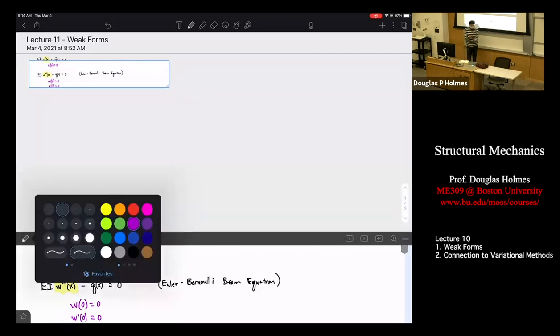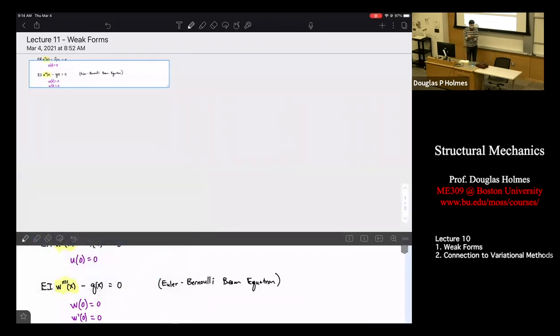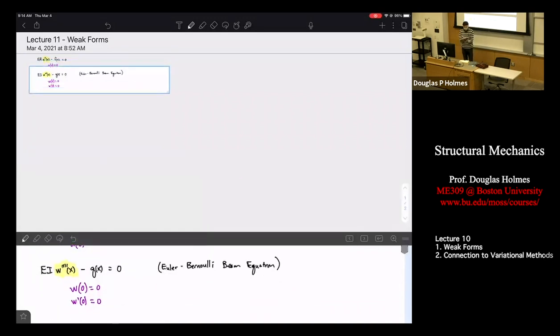So the ones you found looked a little different. Let's see what I can remember. My memory of this problem says something like EI times the second derivative of W at L. Is that equal to 0?